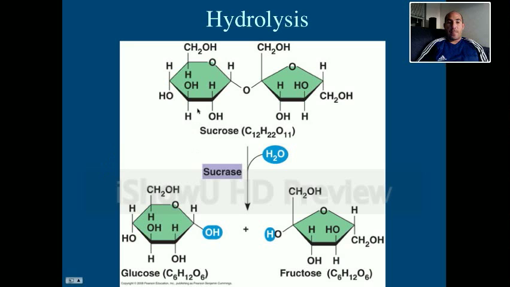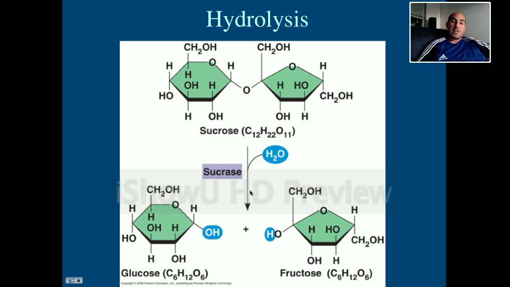So here we have sucrose, which is a more complex sugar, C12H22O11. And I want to split it up, or my body wants to split it up, into glucose and fructose. And the way I'm going to do that is I'm going to use an enzyme called sucrase. Remember, enzymes end in ase, sugars end in ose, and I'm going to add water.